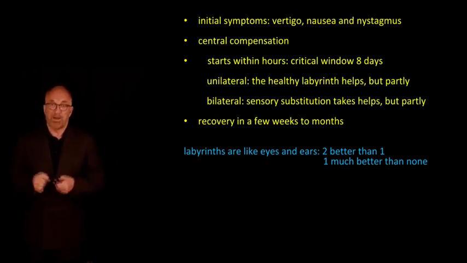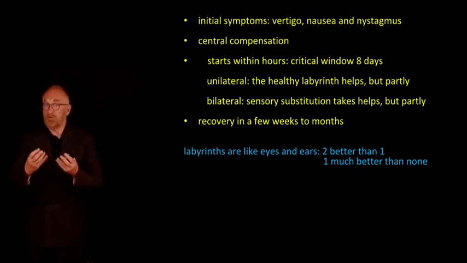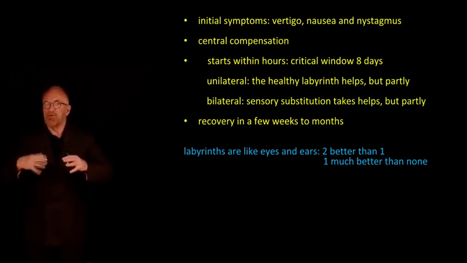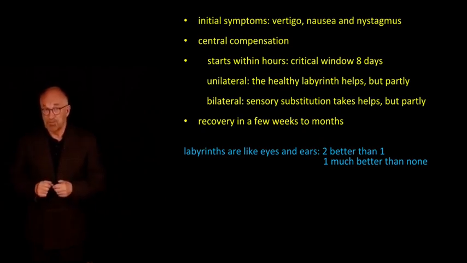Of course that will help, but again partly, because it will not restore the function of the labyrinth. We see that with this central compensation there is a recovery in a few weeks to months, so pretty fast. As I told you already, I think there is a bigger problem when you lose two labyrinths than one.